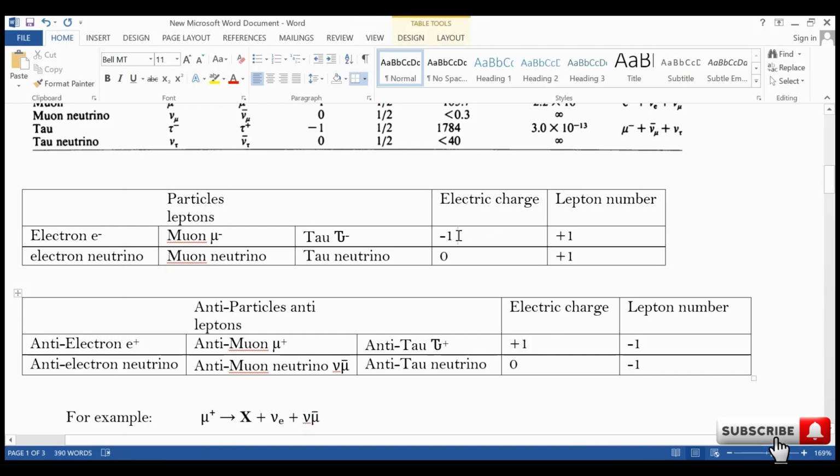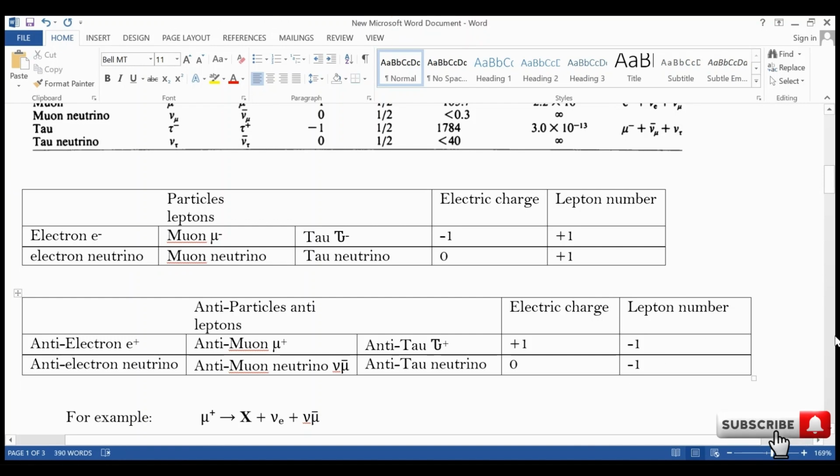This is opposite to this -1. Particles and antiparticles are opposite in their electric charge and in their lepton numbers. Anti-electron neutrino, anti-muon neutrino, and anti-tau neutrino have an electric charge of 0. While the lepton number of particles is +1, the antiparticles have a lepton number of -1.